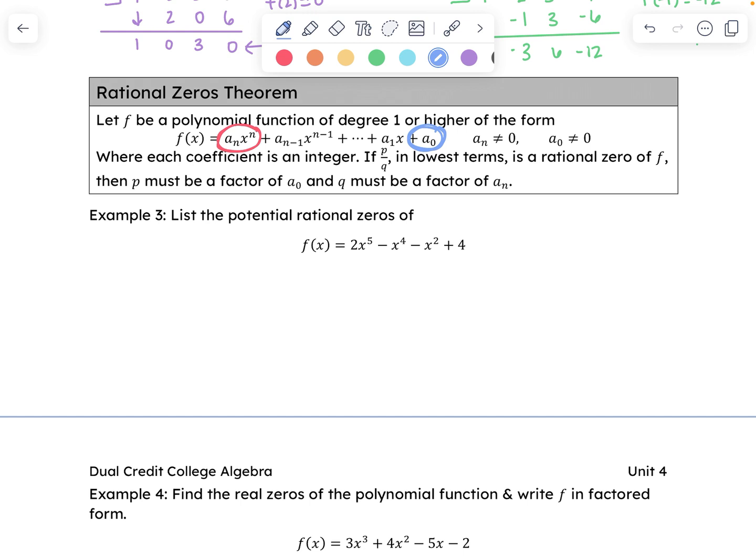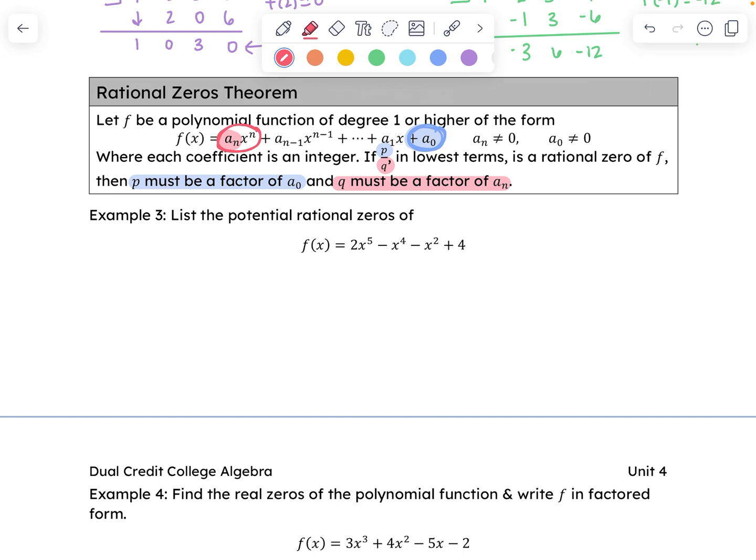Okay, it says if p over q in lowest terms is a rational zero of f, so it's telling you that that would be a zero, then p, the top part of the fraction, must be a factor of a sub 0, so it must be a factor of our constant term. And q, the bottom of the fraction, must be a factor of a sub n, which is the coefficient of the leading term.